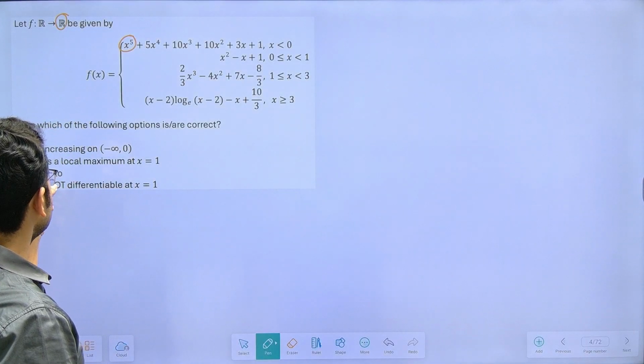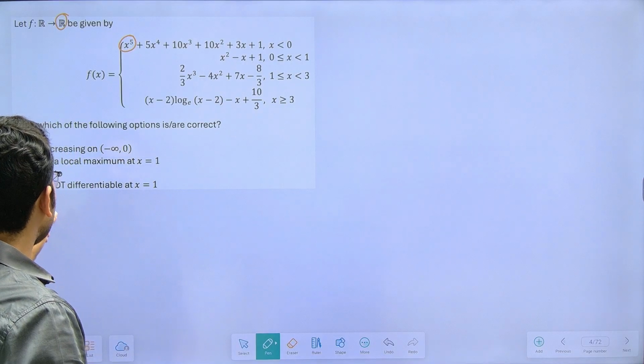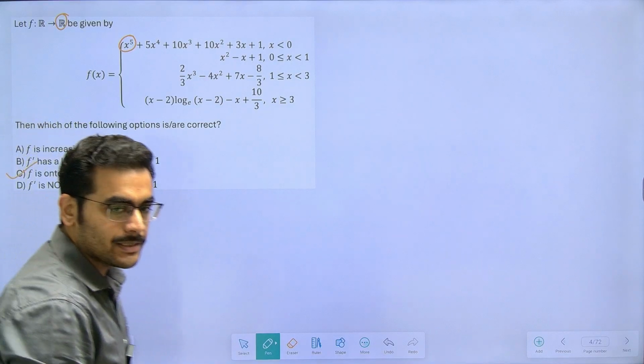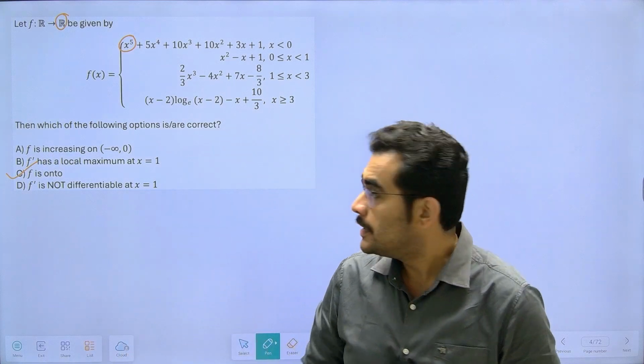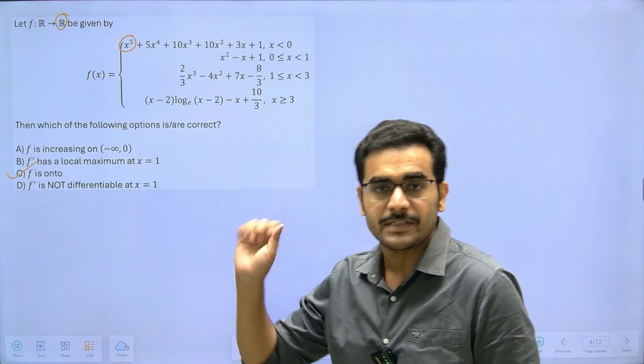We need to verify option B: f dash has a local maxima at x equal to 1, and f dash is not differentiable at x equal to 1. So these two are connected options. So we need to analyze the derivative in the neighborhood of x equal to 1.